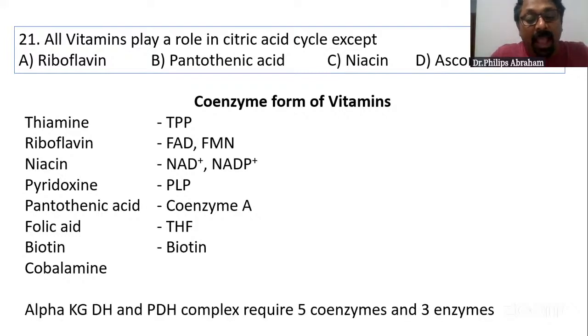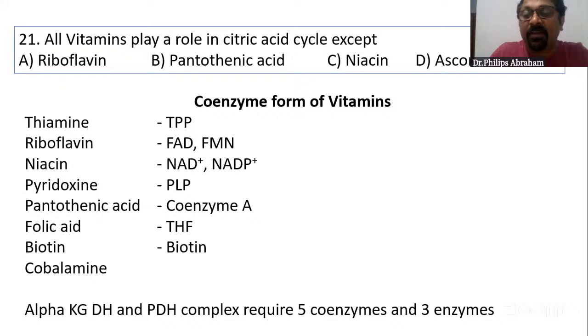In alpha ketoglutarate dehydrogenase, a step in the TCA cycle, and in the conversion of pyruvate to acetyl-CoA, the acetyl-CoA is the compound that enters the TCA cycle. So in these two reactions, we need 5 coenzymes and 3 enzymes. The coenzymes involved are thiamine, riboflavin, niacin, and pantothenic acid, the major vitamins.